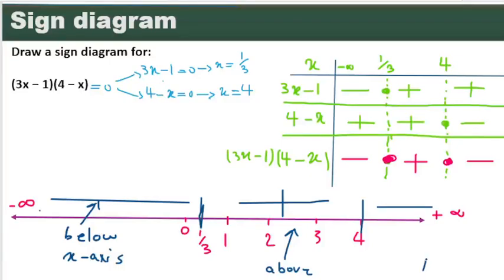That means, if I want to show it, the graph would be like this. Here would be my two critical points, or my solutions, 4 and 1/3. It's my graph and it's my x-axis.